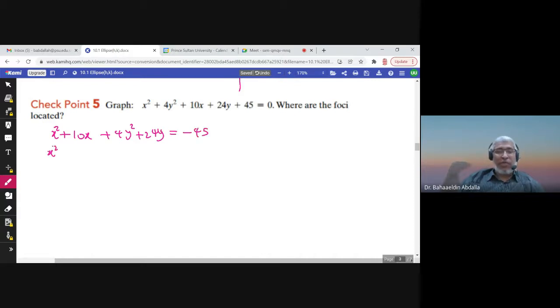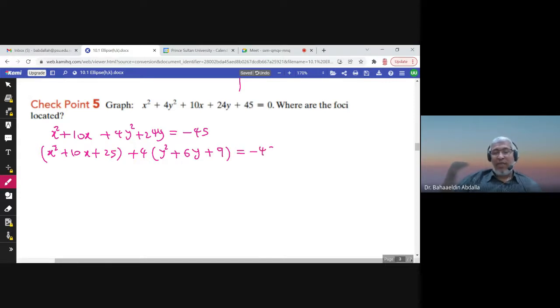Now, x squared plus 10x plus, what is the number I should add? 10 over 2, 5 squared, 25. I should take 4 as a common factor. So I have y squared plus 24 divided by 4 is 6. Now the coefficient of y is 6. 6 over 2, 3 squared, 9. So this is the number I need to add.